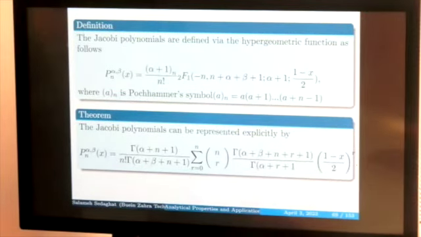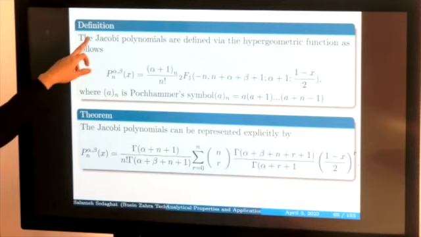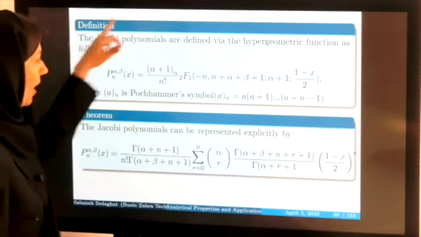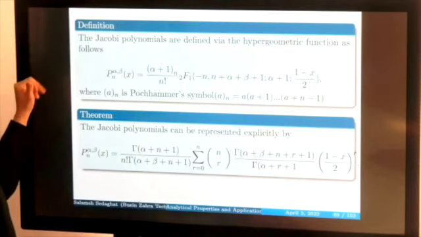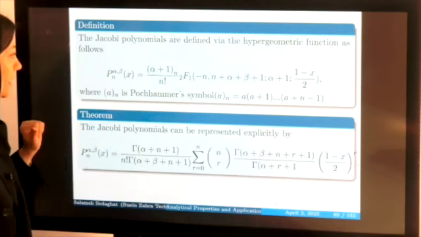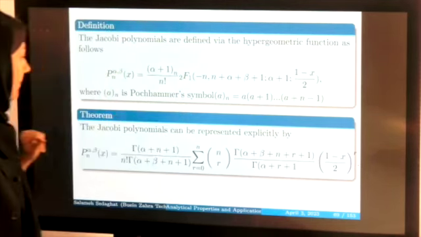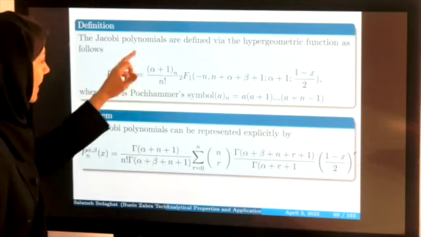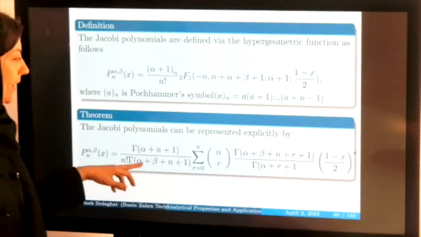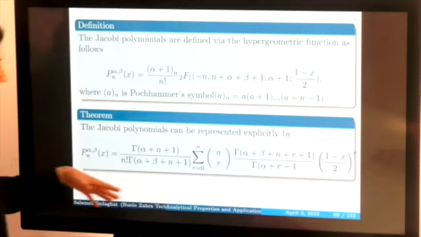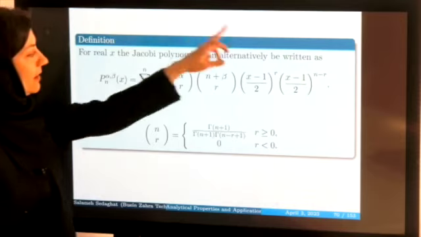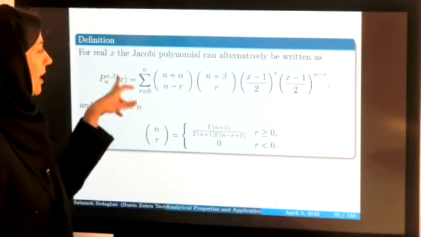Another classic orthogonal polynomial is the Jacobi polynomial. Jacobi polynomials are defined by this hypergeometric function. We talked about the hypergeometric function. Its order is 2 and 1, and its elements are here, and we know that here it's a Pochhammer symbol. The Jacobi polynomial can be presented by this series expansion, and also we can write them like this series expansion too.